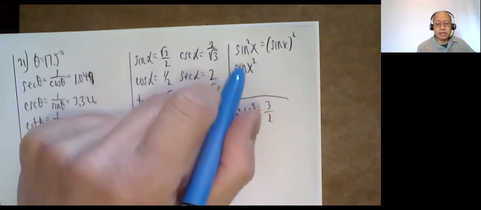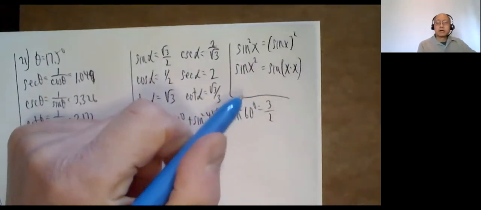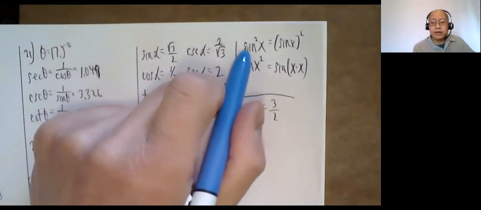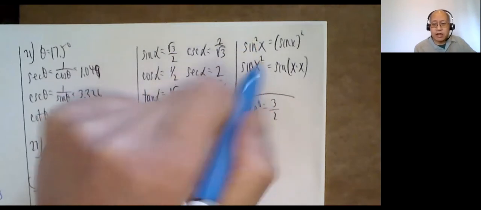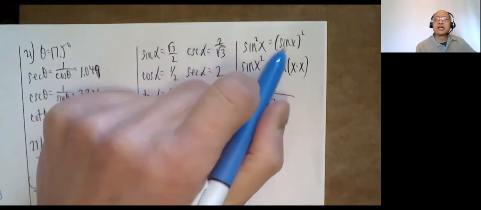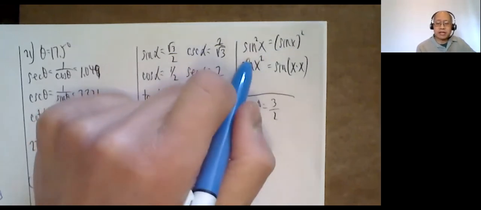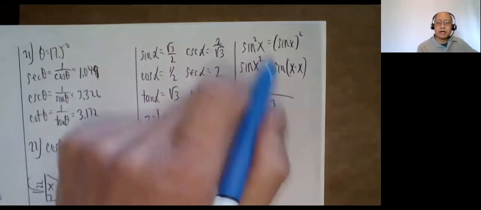In fact, in general, it won't be the same. That means the sine of x times x. So get comfortable with this notation. Sine squared of x, they put the 2 over here. If you put the 2 over there, it means sine of x times x. If you want the sine of x times sine of x, you write it like this, and this means sine squared of x. It means the same thing as this.